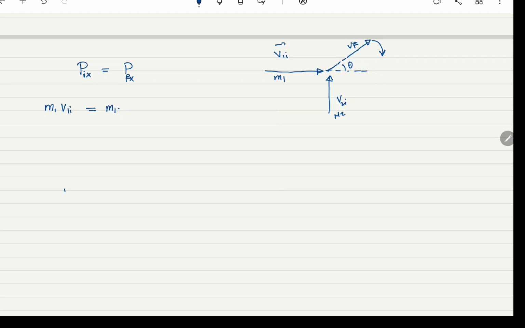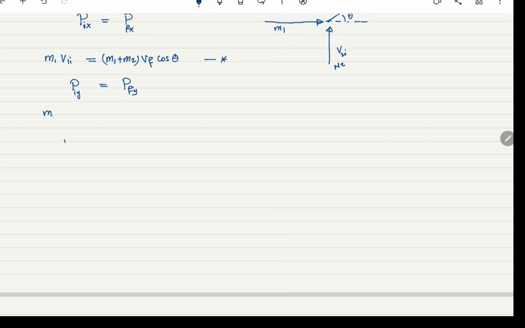So m1 plus m2 times v final cosine theta. Remember, the one with the angle takes the cosine. So this is the first equation. Now, on y, momentum is also conserved. So p initial y equals p final y. So m2 v2 initial equals m1 plus m2 times v final sine theta. This is equation number 2.